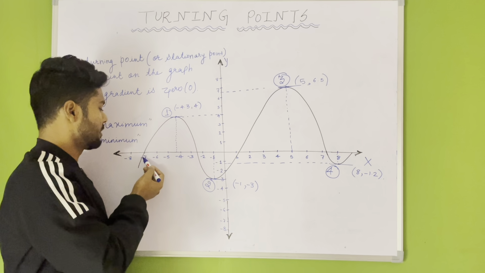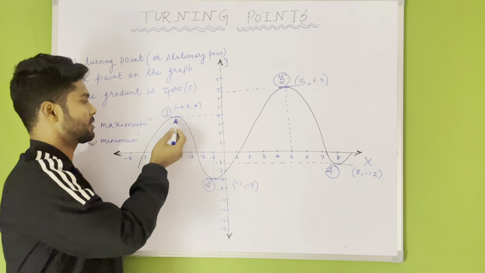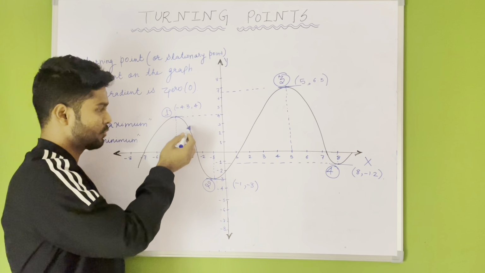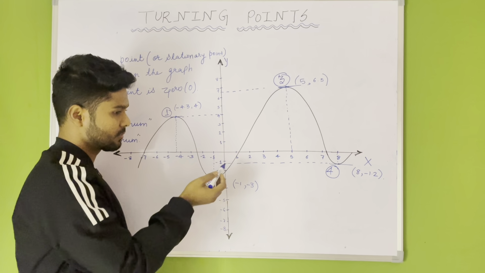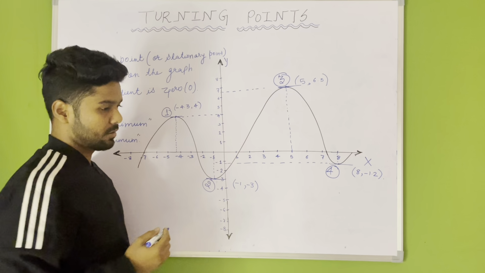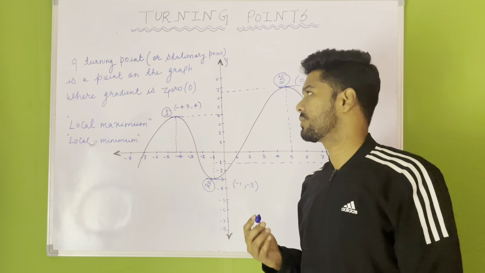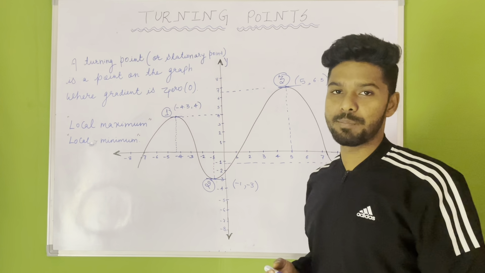For example, from here to here it is going upward, but after this point it is going downward.